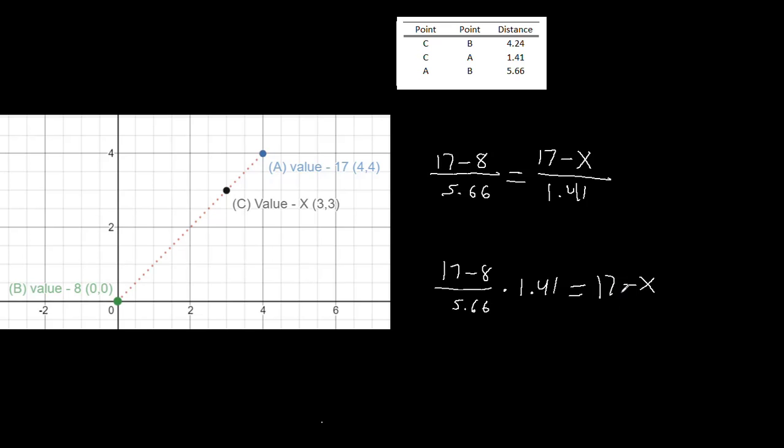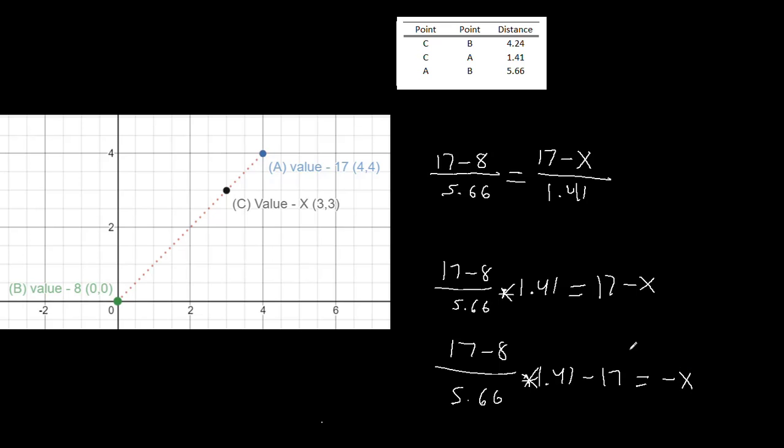And then we're going to subtract 17 from both sides. So that's 17 minus 8 over 5.66 times 1.41, and I want to make clear that that's not a decimal, minus 17 is equal to negative x.